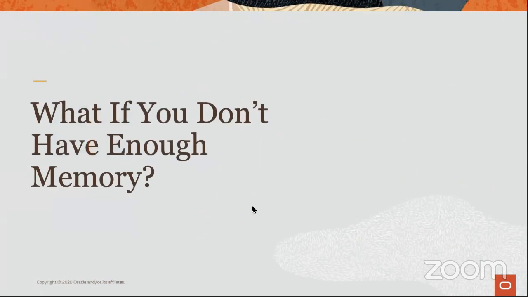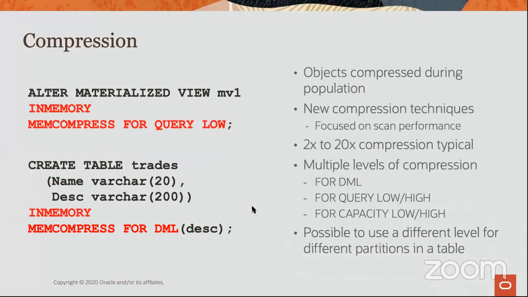So what if you don't have enough memory? Again, you won't get errors, but there are options or things you can do to conserve memory, because memory's less expensive than it was at one time, but it's still not cheap. Typically, Oracle customers don't have terabytes of memory sitting around in their database servers.